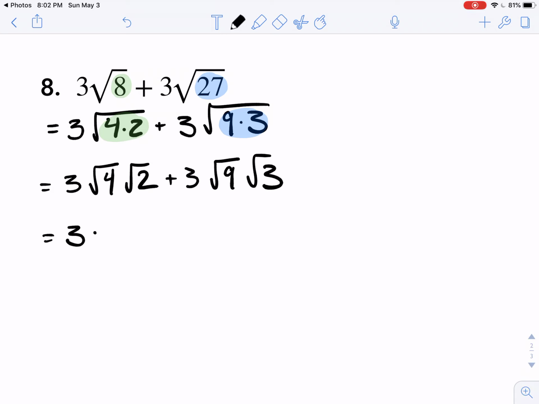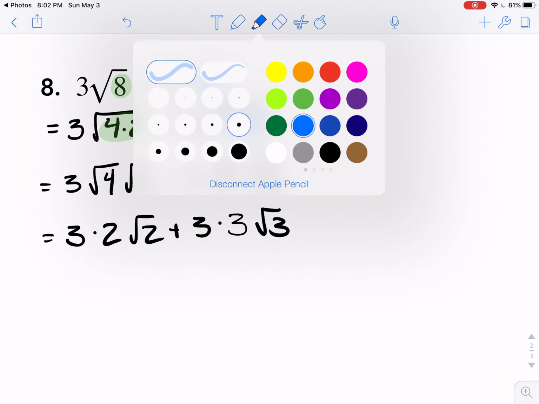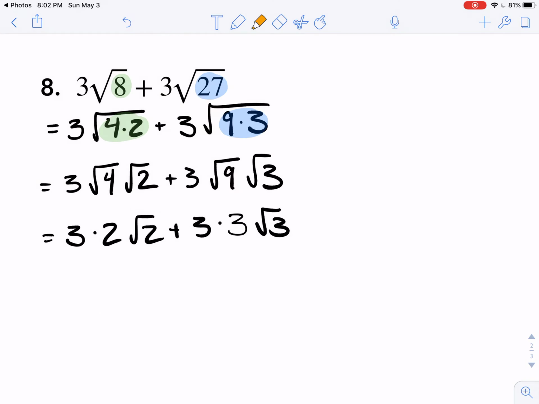The square root of 4 is 2, and the square root of 9 is 3. So I can simplify the square root of 9 as 3, and I can simplify the square root of 4 as 2. Now let's combine those. 3 times 2 is 6. 3 times 3 is 9.